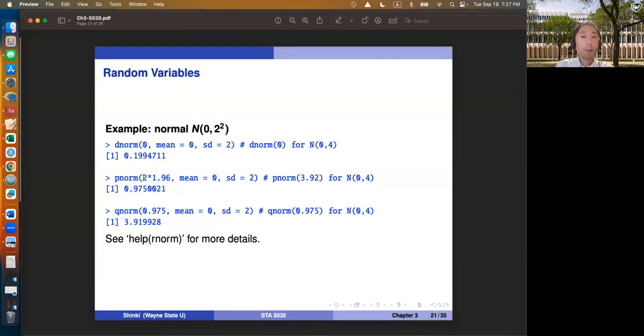So pnorm of 1.96 for the standard normal, mean 0 and standard deviation 1, is 0.975. But if the standard deviation is 2 and you multiply this number, then we get the same number. And qnorm is just the opposite of this. So we can specify the mean and the standard deviation here.